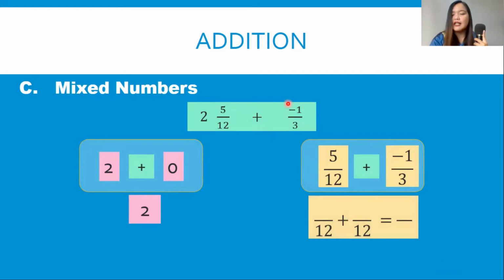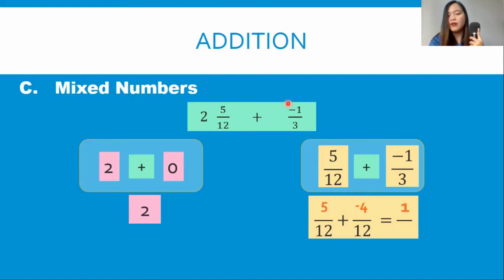By getting the LCM of 12 and 3, which is 12, rewrite them as similar fractions. 12 divided by 12 is 1 times 5 is 5, and 12 divided by 3 is 4 times negative 1, that's negative 4. Then combine the numerators and copy the denominator.